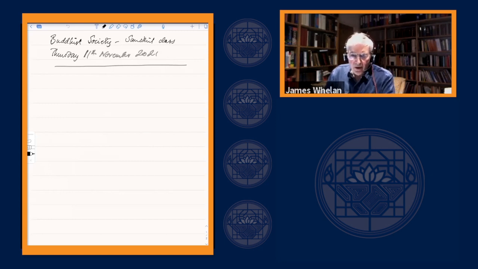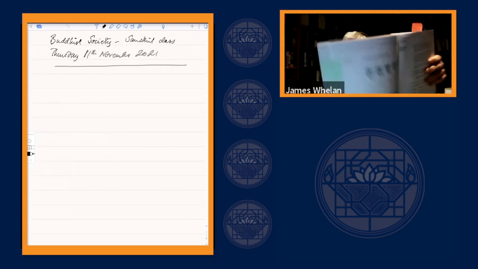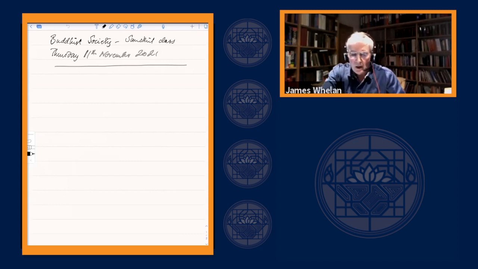We're looking now at page 32 in Thomas Egenus, and you'll see that first row of consonants. This is the one I'm looking at here on page 32. And these are the retroflexes.